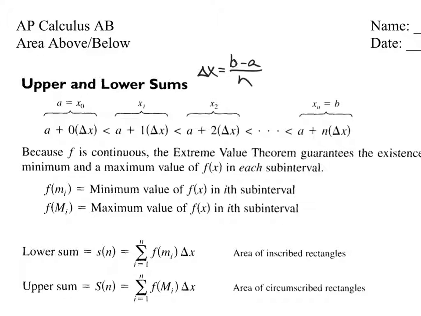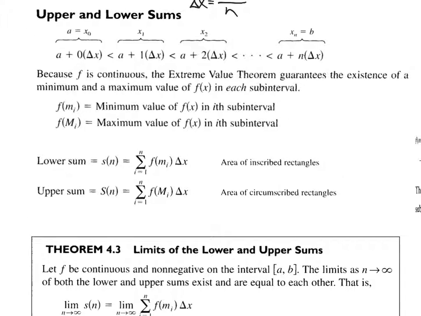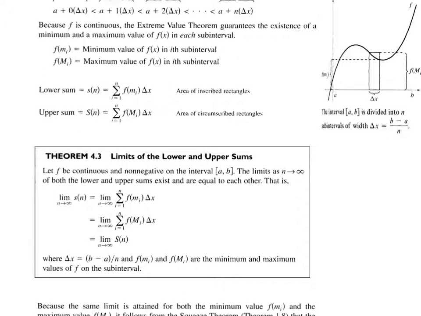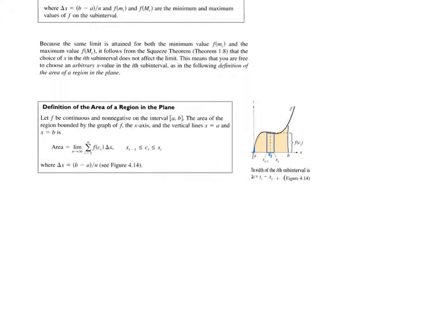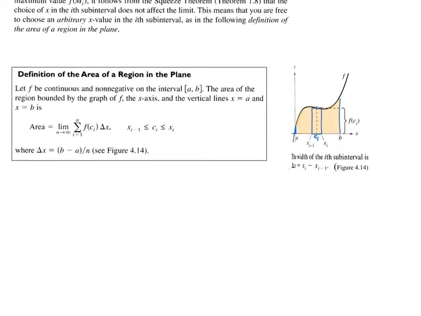Now here's a little bit of a proof that if you take the limit as n approaches infinity of the lower sum, it'll equal the limit as n approaches infinity of the upper sum. That's what we discussed at the end of last lesson. If you want to explore that proof, you're welcome to look at that later. The first time we did this, we just found the limit.